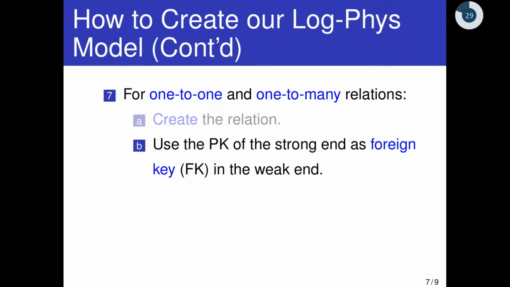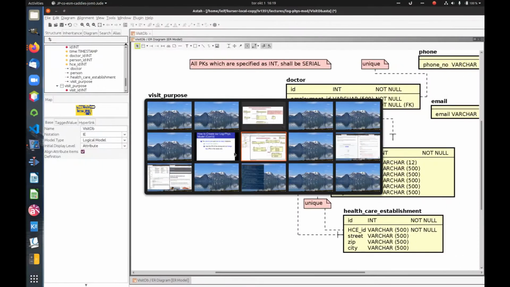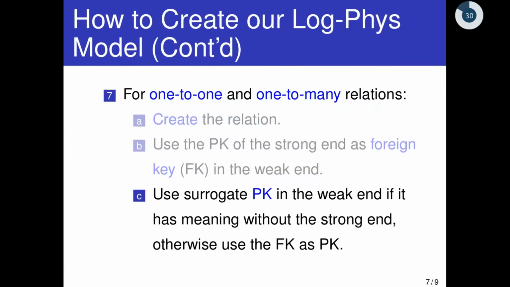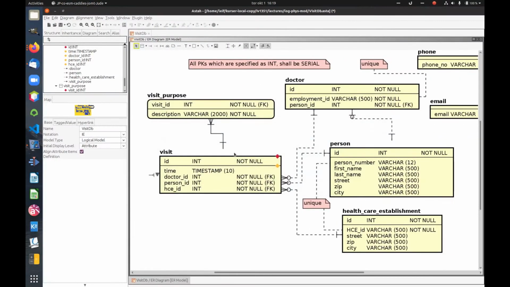And we have also assigned the foreign key. Regarding the primary key at the visit purpose end, I think this is a situation where we should not use a surrogate key, because the visit purpose is not something that exists on its own. It's some feature or property of a visit.